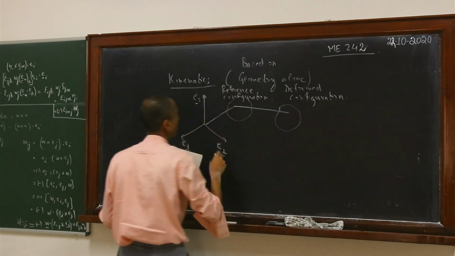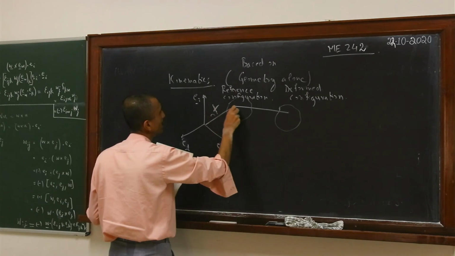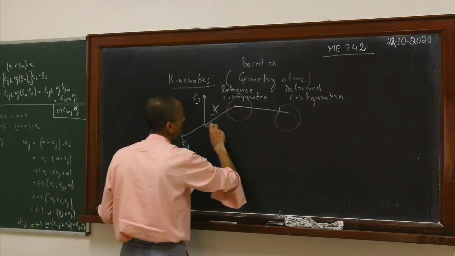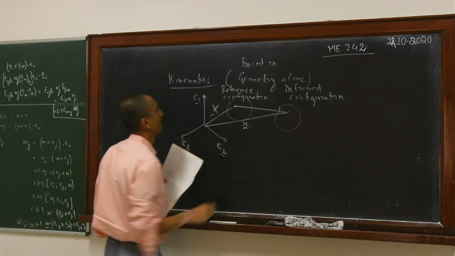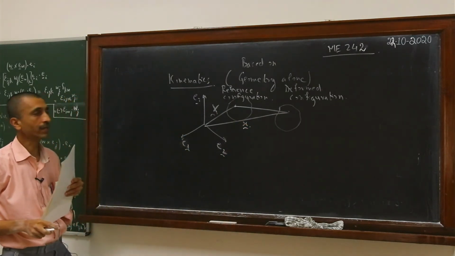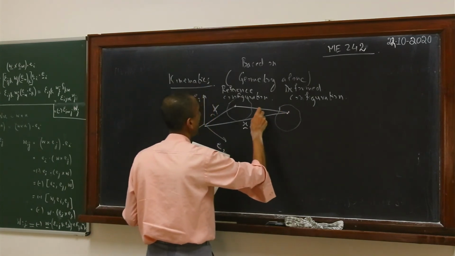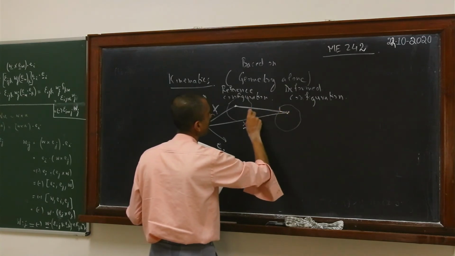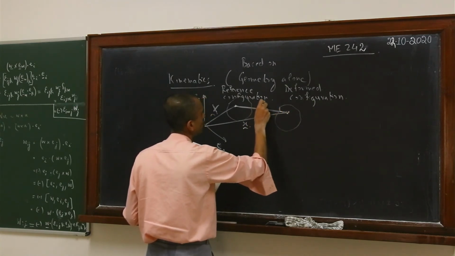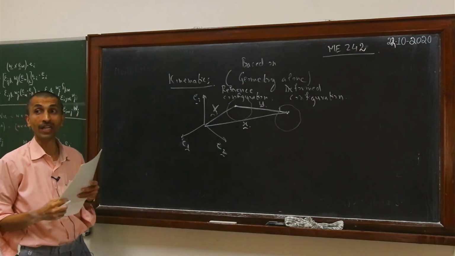Okay, so if you take a typical point X in this reference configuration, then that goes to some position vector small x in the deformed configuration. And then this difference between the deformed and the undeformed configurations we will call U. So U will now denote the displacement vector.